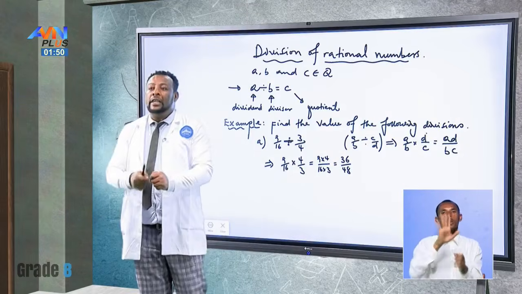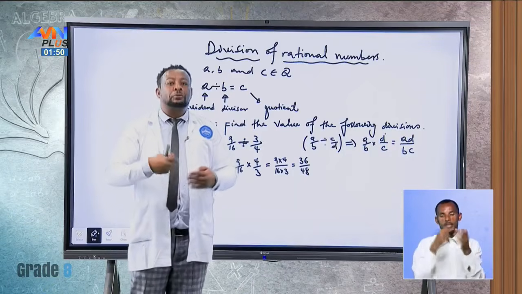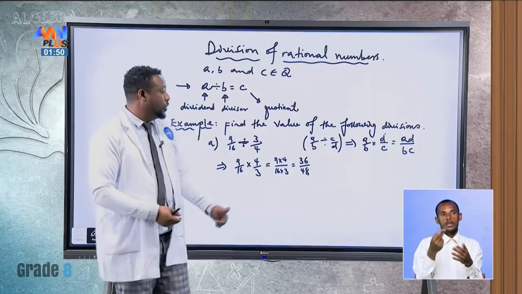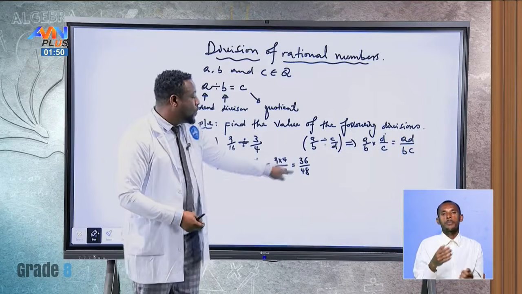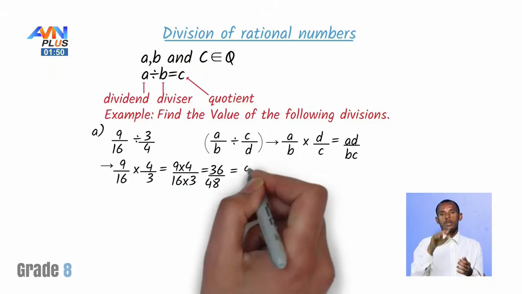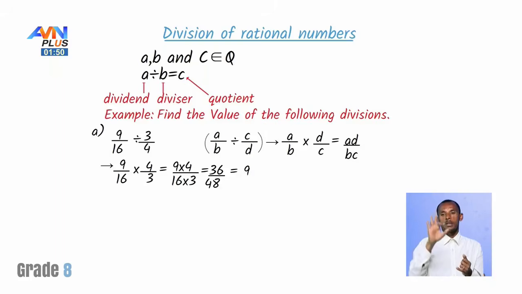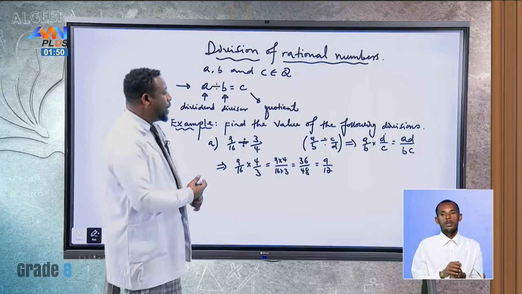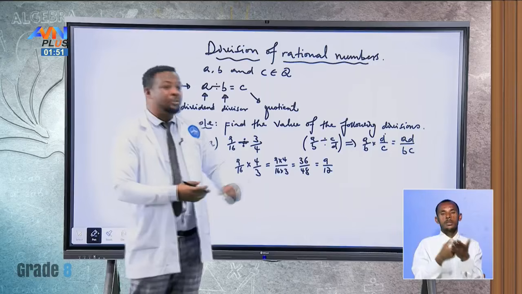But this can be expressed in another form using some simplification. Dividing by 4, the numerator is 9 and the denominator is 12. Still, this can be simplified.